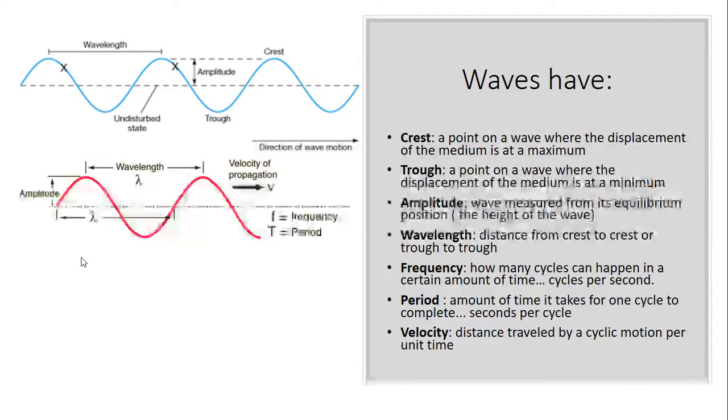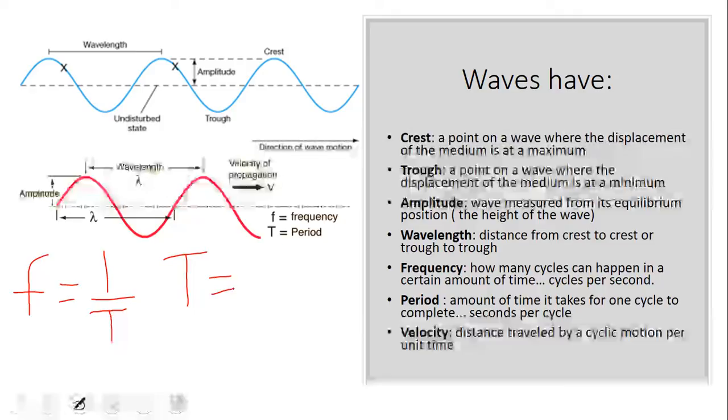So if you examine this definition, you find that frequency and period are inversely related. So then a formula can be derived for frequency as f equals 1 over period. And another formula for period as equal to 1 over frequency.